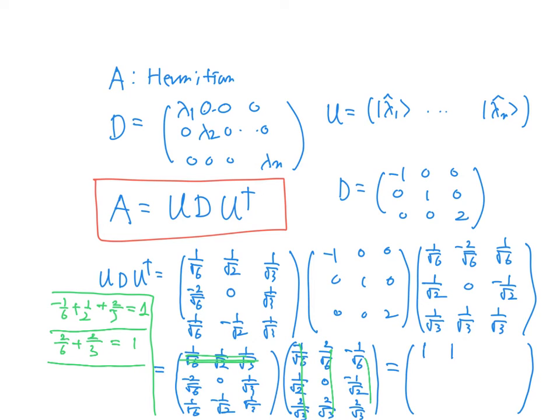Let's do this. Minus 1 over 6, minus 1 over 2, 2 over 3, 6 over 4, 4, 0, right? Okay. 3. So 6 more.